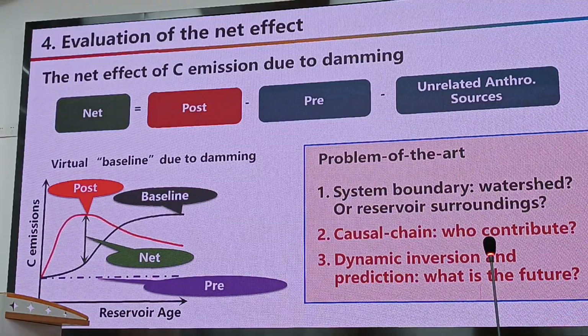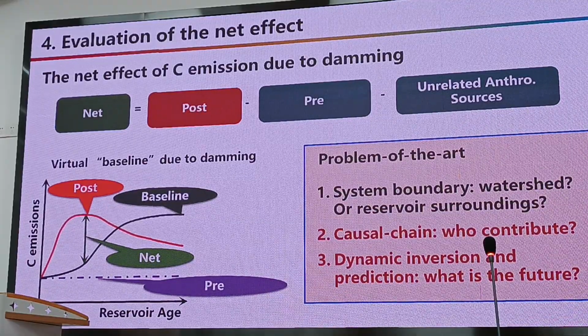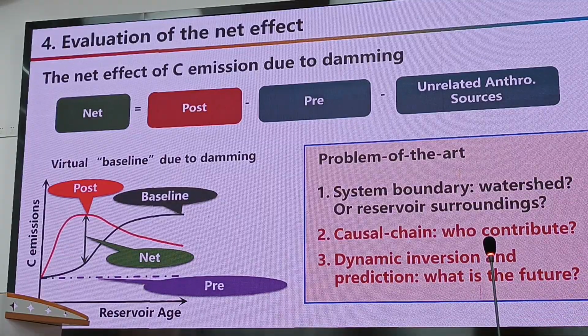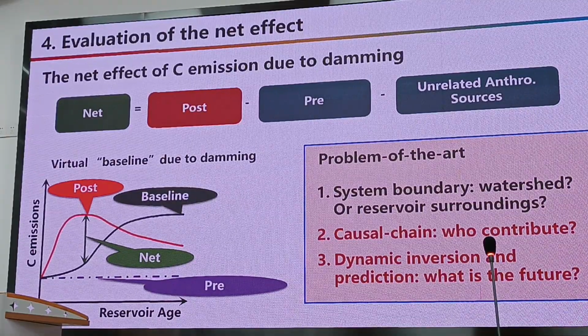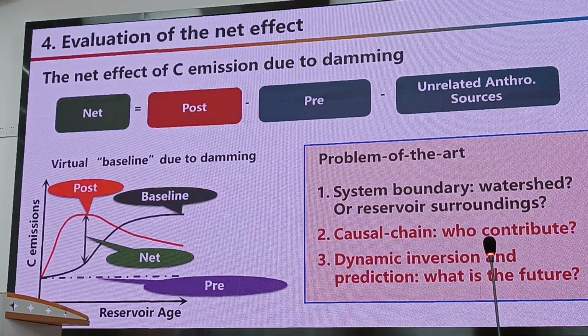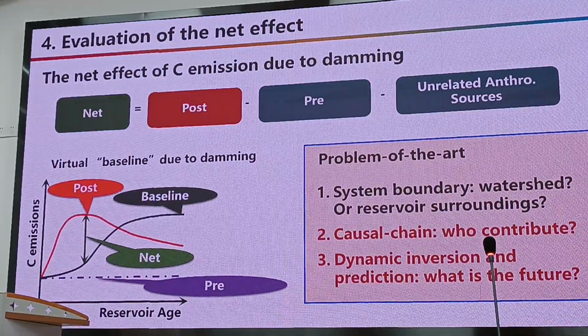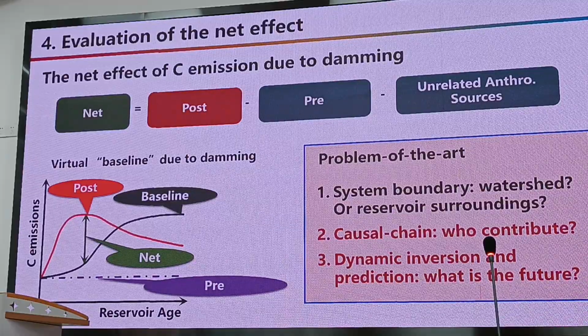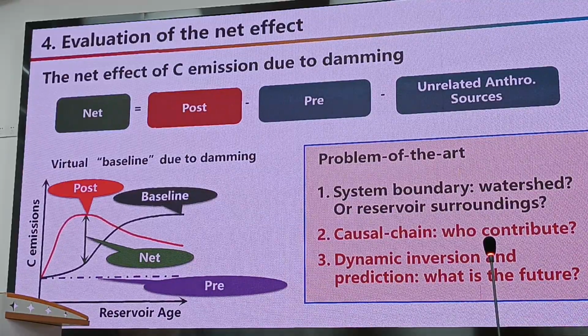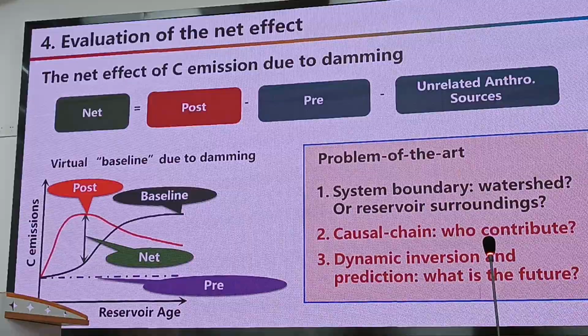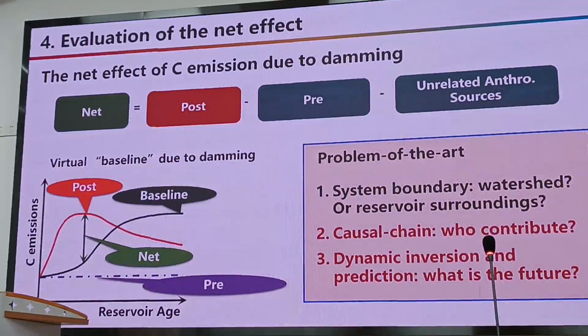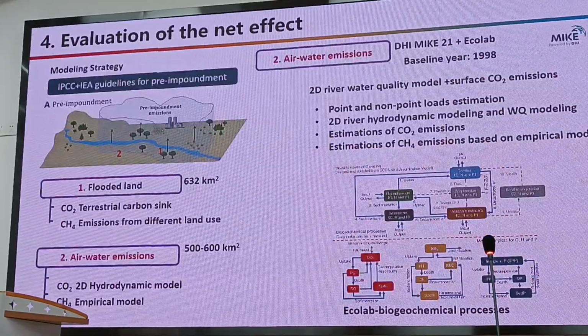The second thing is that you have to set up the causal chain. You have to identify what and who contribute to the net. The third one is dynamic inversion and prediction. What is the future? You have to think about the life cycle. So what I'm going to talk about is this. We are still working on this. This is not a current research outcome, but we are thinking more on this.